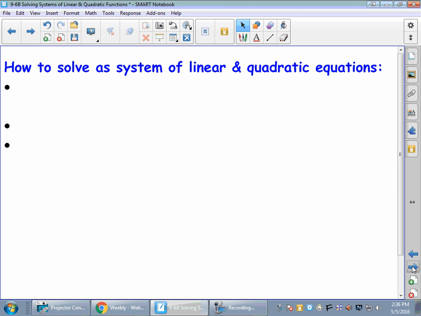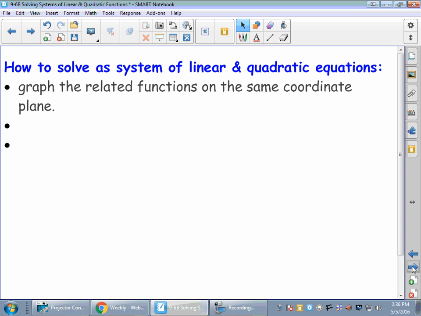I'm going to go through this pretty quickly because I know you guys are about done with graphing quadratics. So how you do this: you graph the related functions on the same coordinate plane. That means for a line, m is your slope, and little b is your y-intercept, and you count slope.